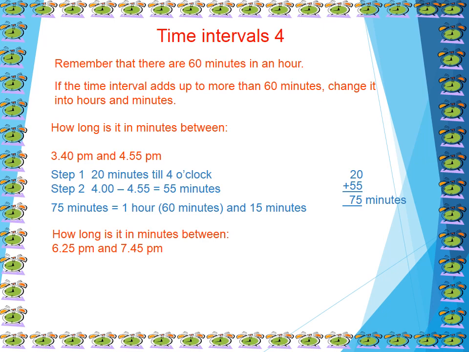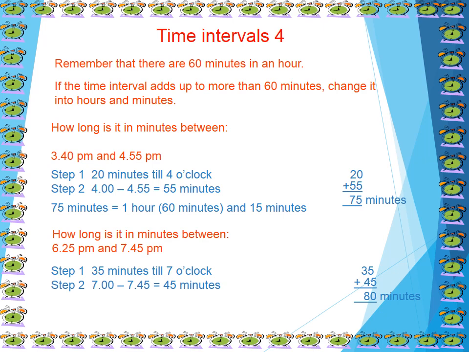Let's solve another example. How long is it in minutes between 6:25 p.m. and 7:45 p.m.? First step, remember? Yes, from 6:25 till 7. How many minutes? Yes, we have 35 minutes. Then from 7 to 7:45, how many minutes do we have?